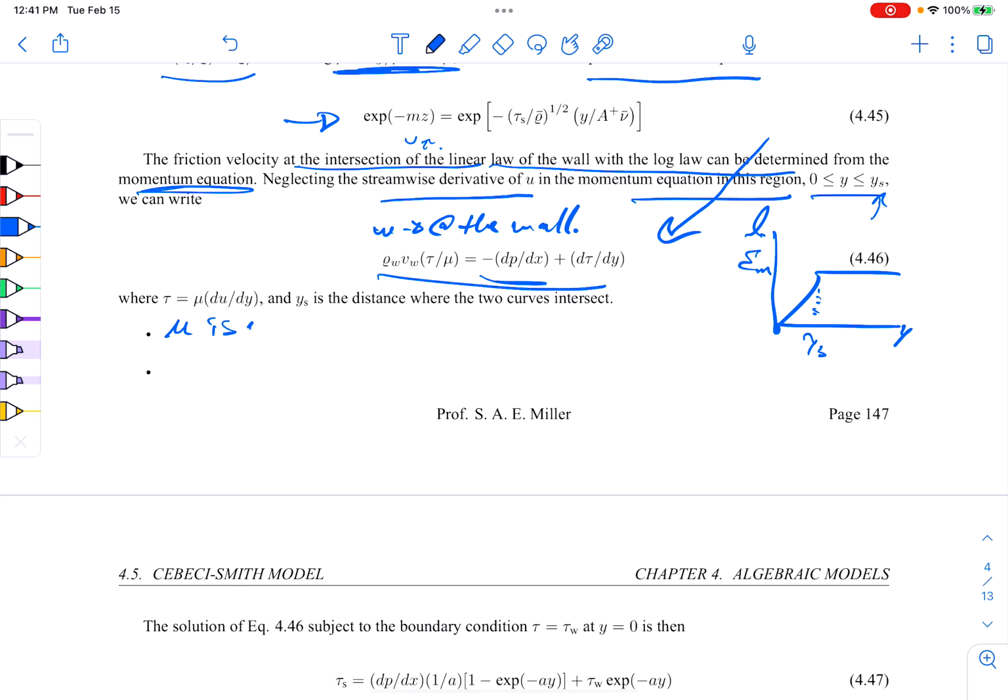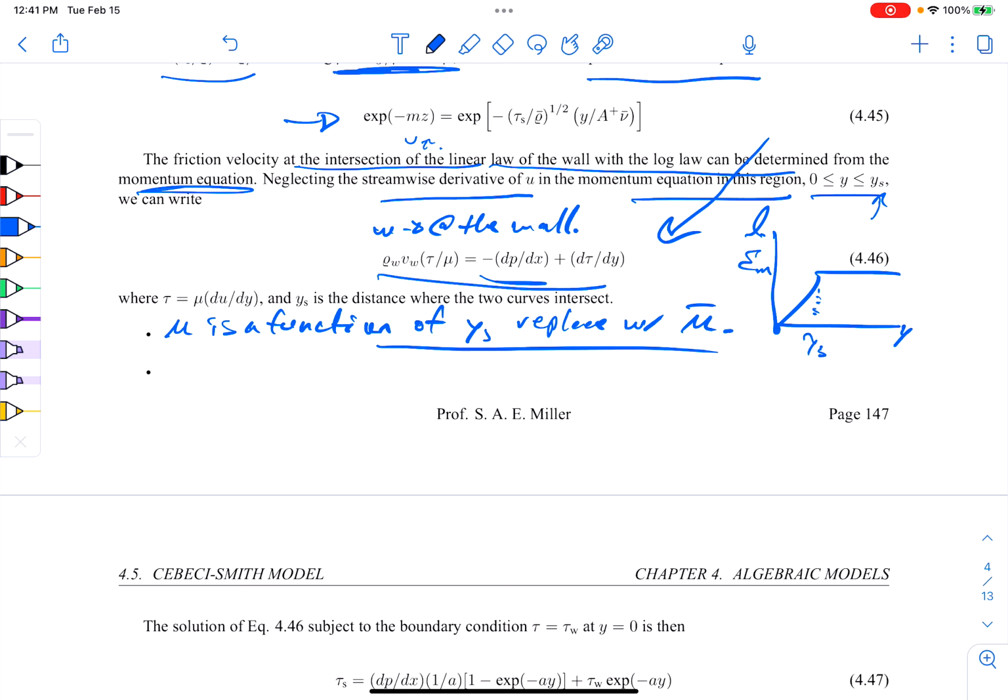Mu is a function of y in this case, which is in turn a function of temperature. So just for modeling purposes, we'll replace it with an average viscosity, which is an important assumption in the Cebeci-Smith modeling. That even though mu varied through the boundary layer, he's just going to replace it, at least in the sublayer region, by some average value.